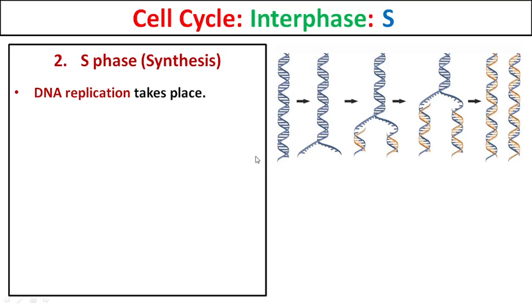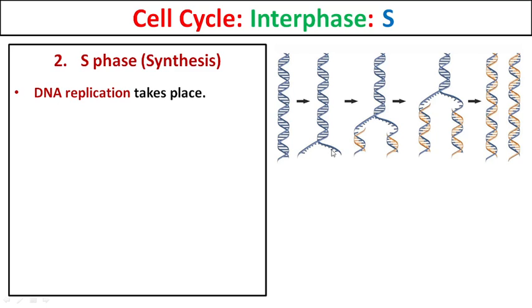So now we move on to the second phase of interphase, which is S phase. In S phase, which is synthesis phase, DNA replication takes place. I hope you remember from your molecular biology chapters that this will be one strand of DNA. This strand of DNA will be separated, and it will give rise to this replication fork.